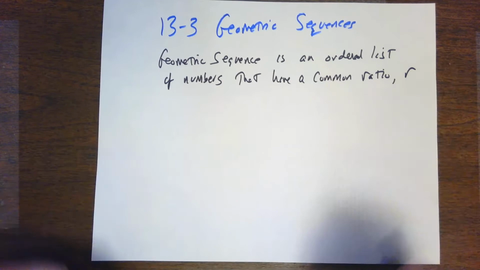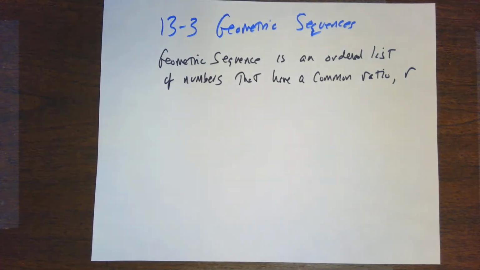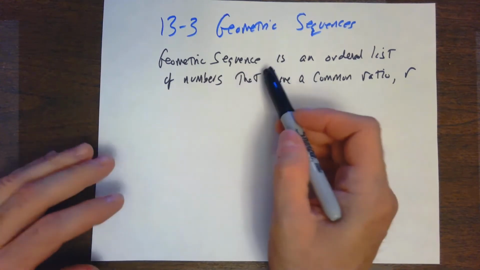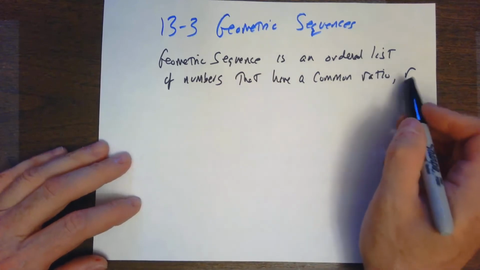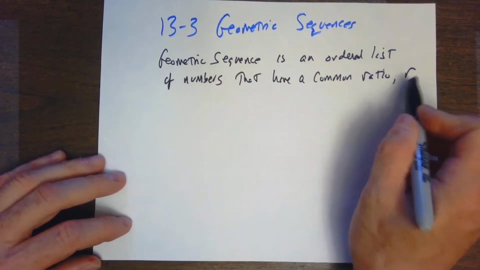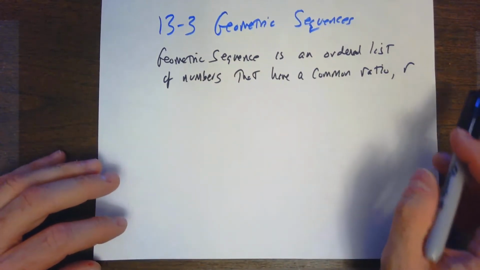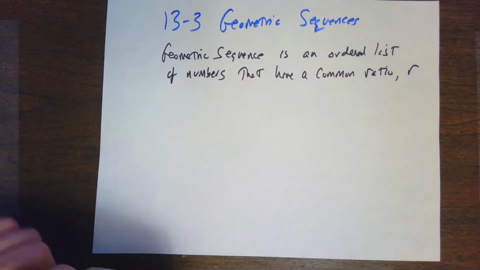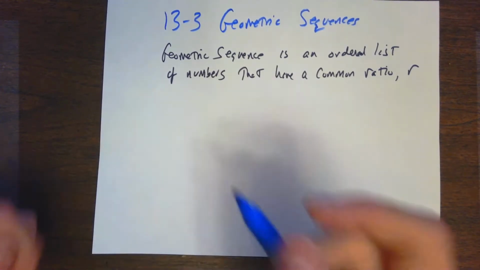And we use R for the common ratio. Now, in arithmetic, we had a common difference D. And the idea was that we could take any term, just add that common difference, and we would get the next term. Well, in geometric, we take any term and we multiply by this value R to get the next term. So let's look at some examples of geometric sequences.